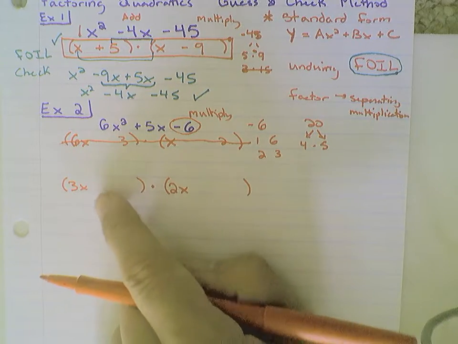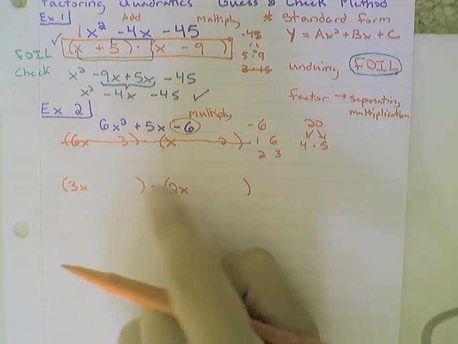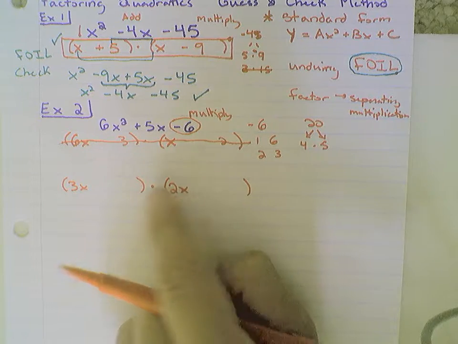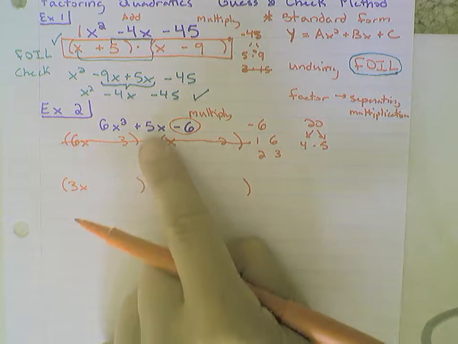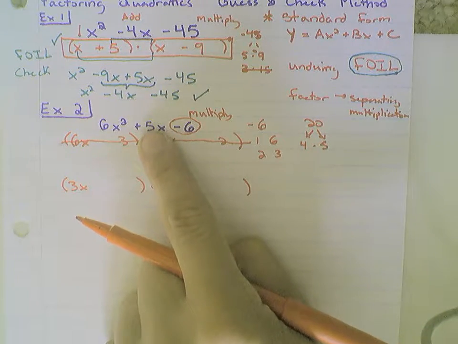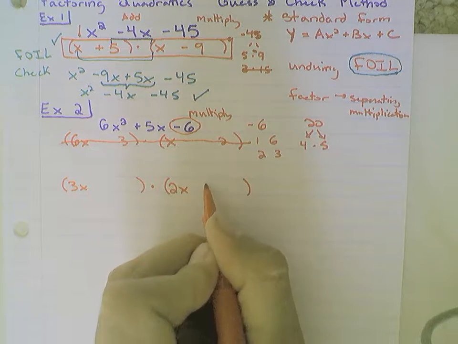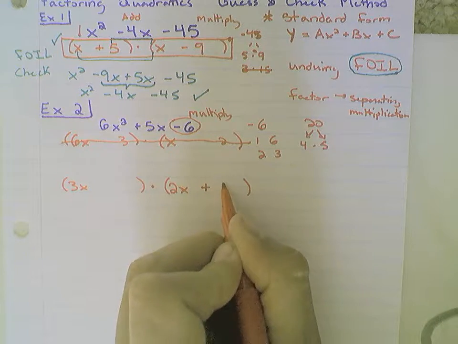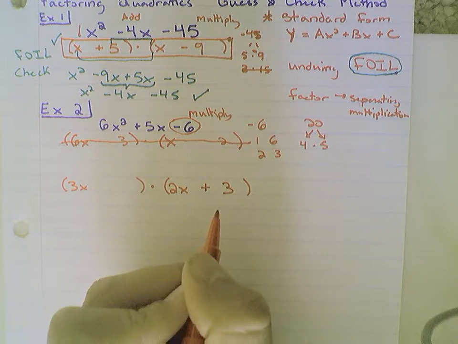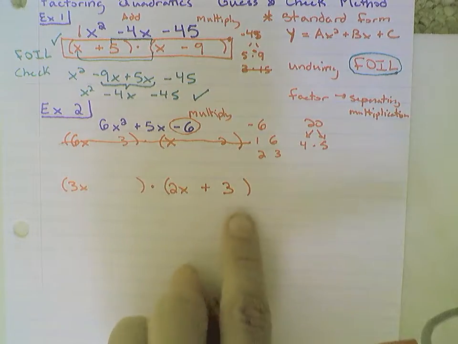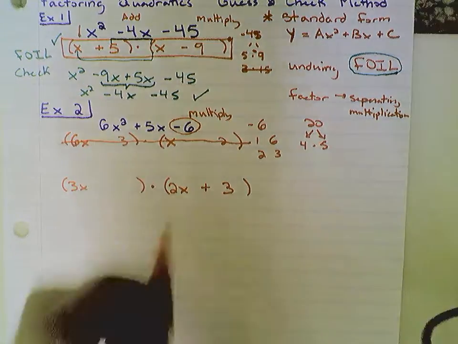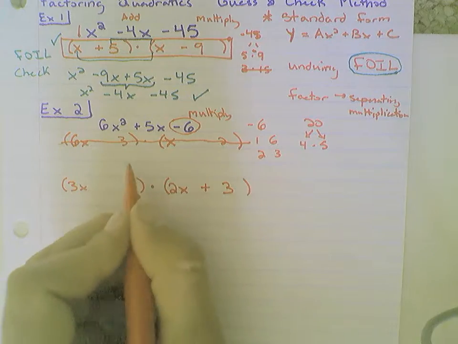Well, if I look at the coefficients in my parentheses already, I have a 3x and a 2x, and I need to somehow figure out a way to get 5x in the middle. Well, I can see from having done this in the past that if I take a plus 3 on the end, notice that if I take 3x times that 3, I'll get 9x when I take those outer ones.